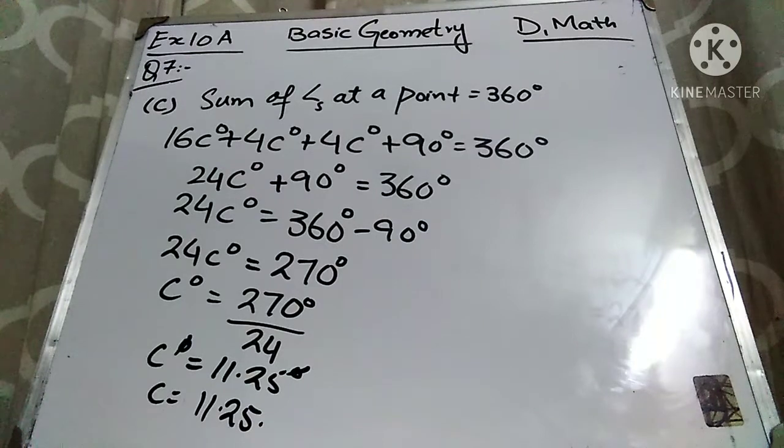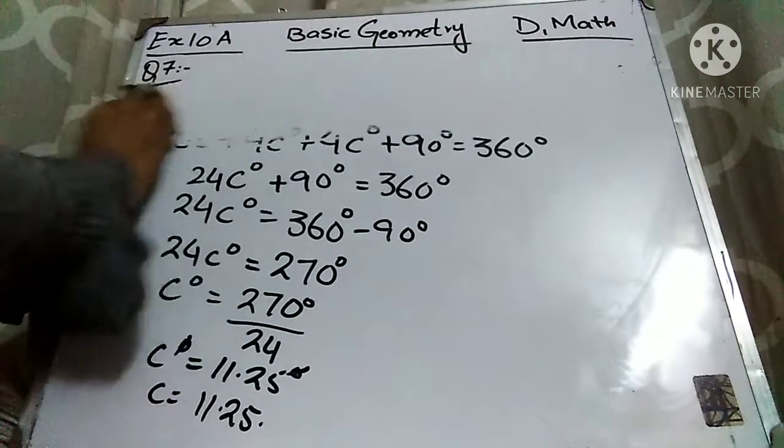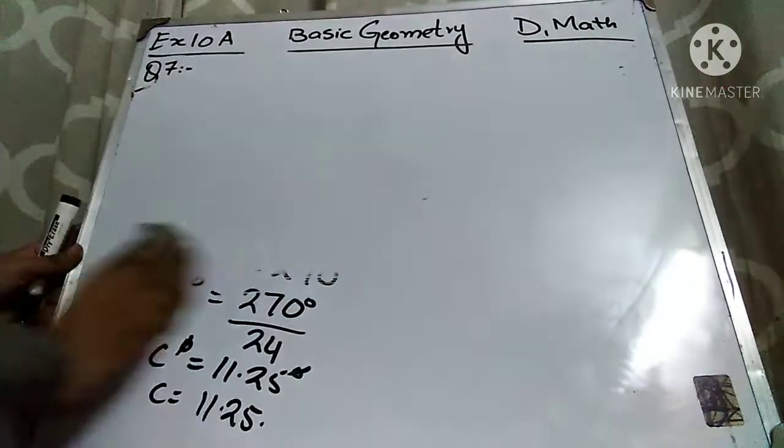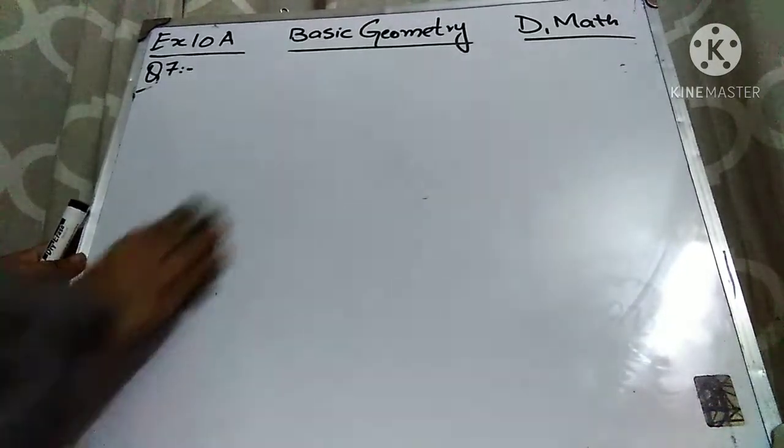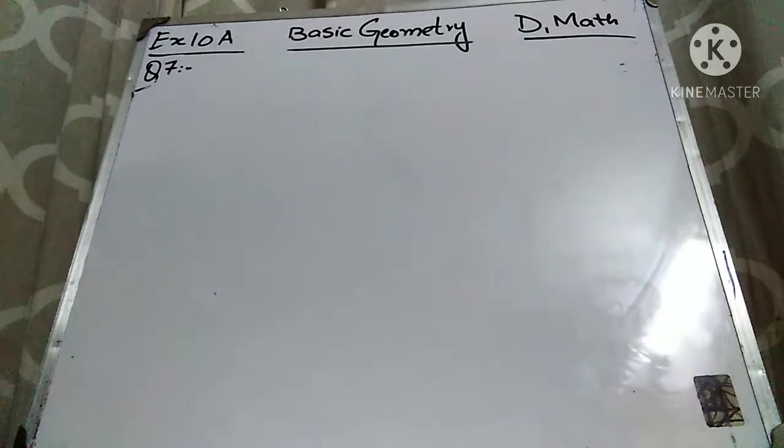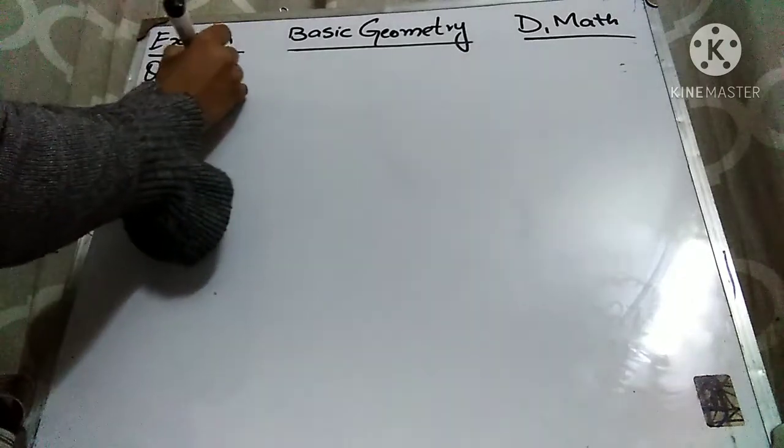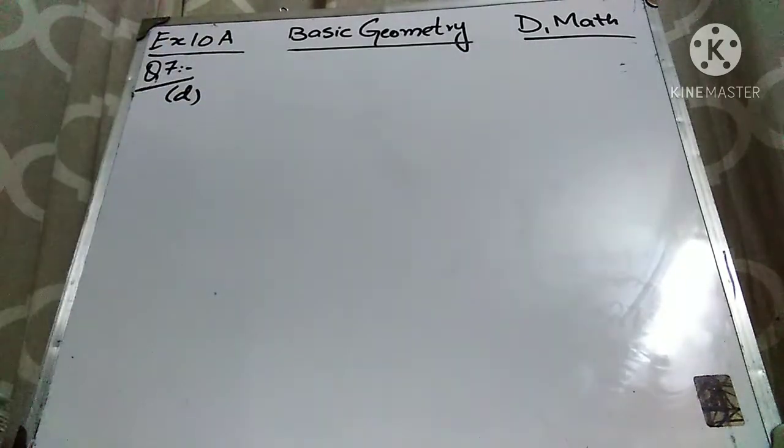Okay, so now let's come to the D part. In the D part, angles at a point are equal to 360 degrees.